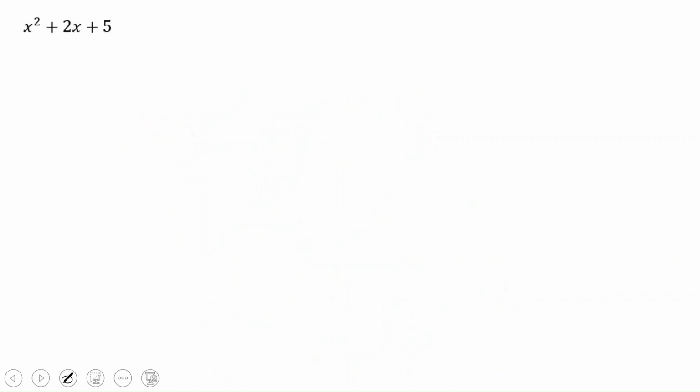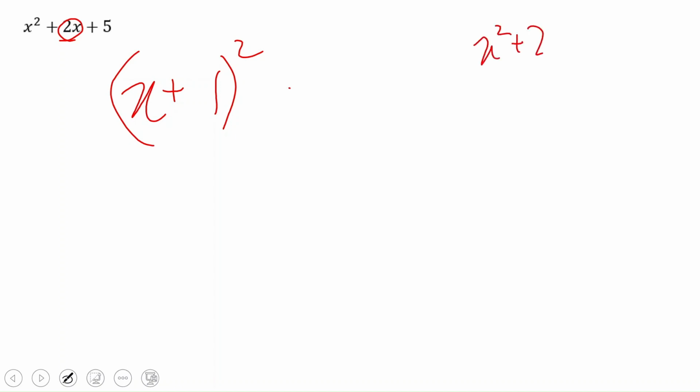So let's do a few example solves. x squared plus 2x plus 5. In this case, we already have the coefficient of x squared as 1, so we don't do anything over there. So the first thing is to divide everything by 1, which we don't need to do. Next thing is going to be x plus the half of 2, which is 1. x plus 1 whole squared is nothing but x squared plus 2x plus 1.